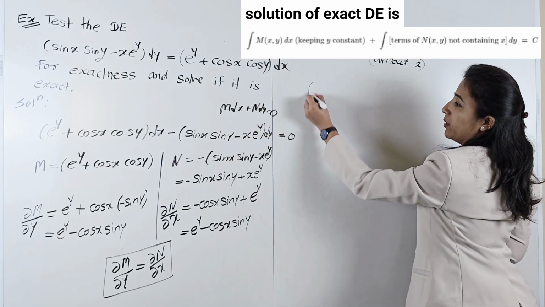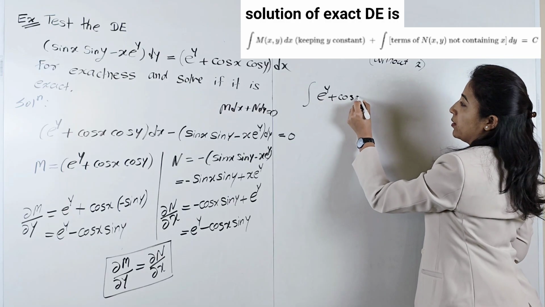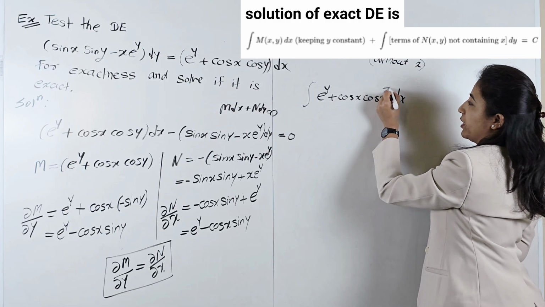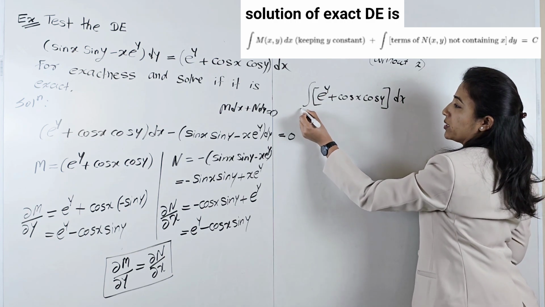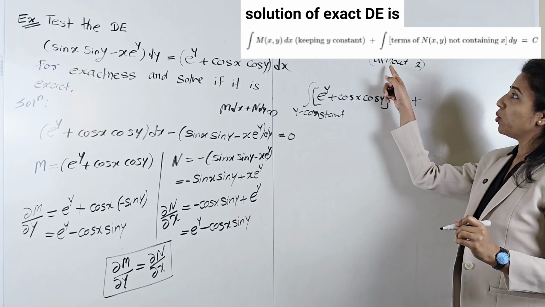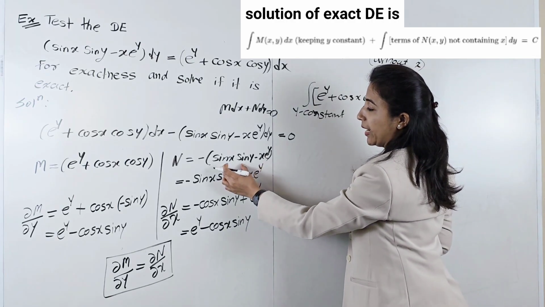So M is our e^y plus cos x cos y, dx. Here we are keeping y as our constant term. Now plus N. For N we have to take only the terms which do not contain x. Now see here, this is our N term.